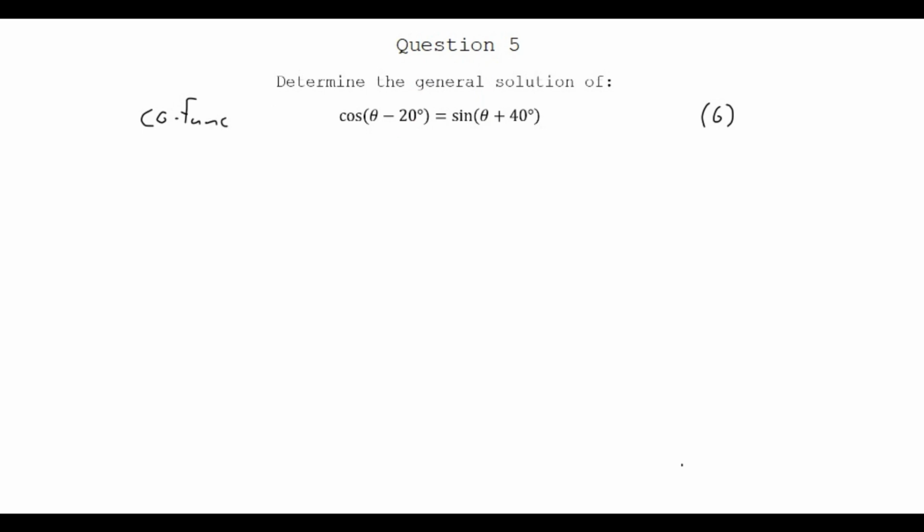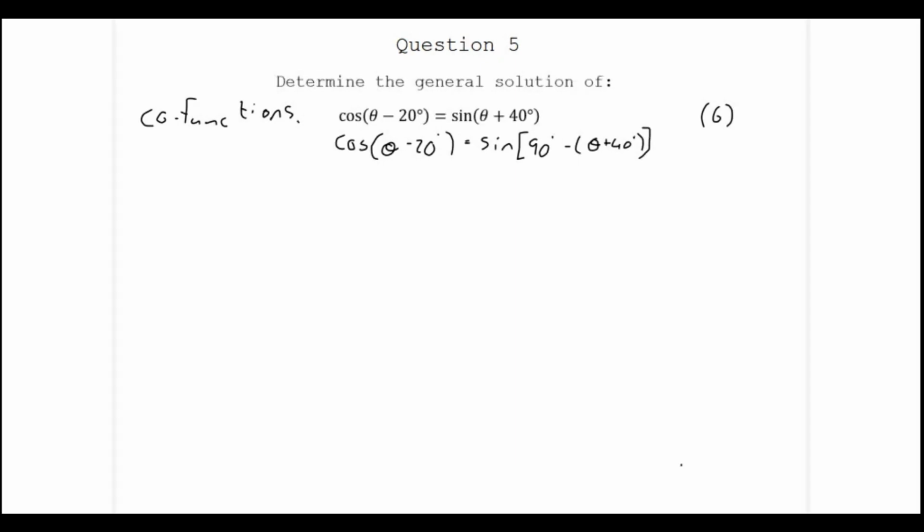Okay, so what we are going to do is we are going to split cos and change sine. And what that looks like is we have cos of theta minus 20 degrees would equal sine of 90 degrees minus, and that angle that was there, theta plus 40 degrees. Simplifying this, we get cos of theta minus 20 degrees, which is fine, that's what we had.